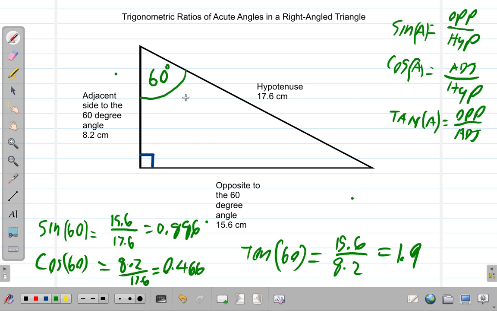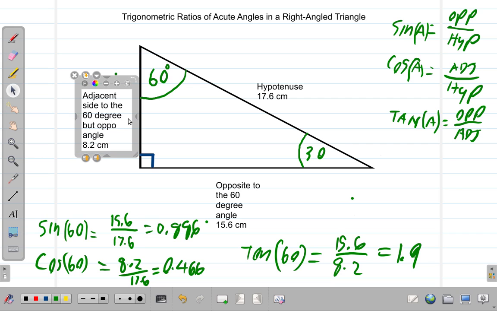Now, here, let me put back the 30 degrees. Now, you notice that this side is adjacent to the 60 degrees. But guess what?